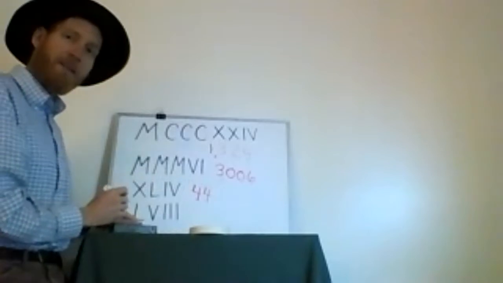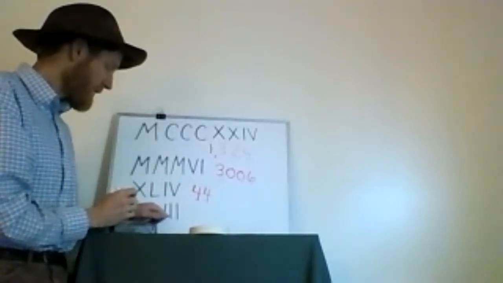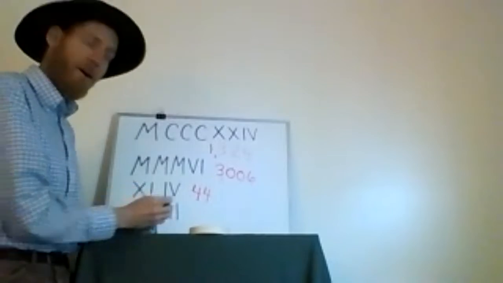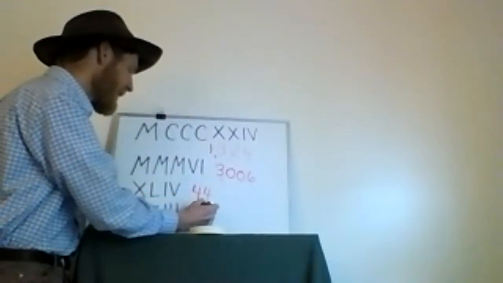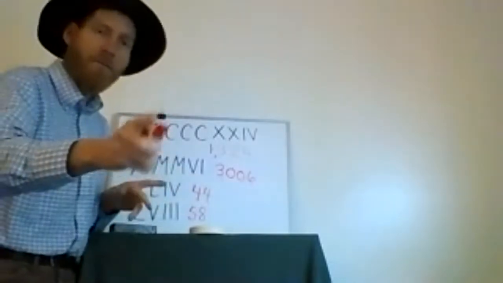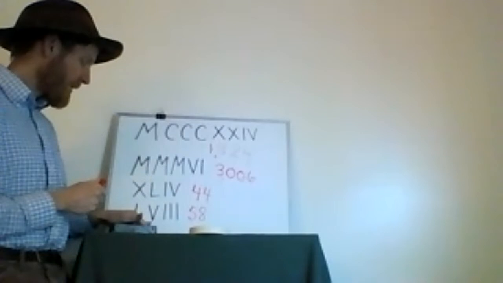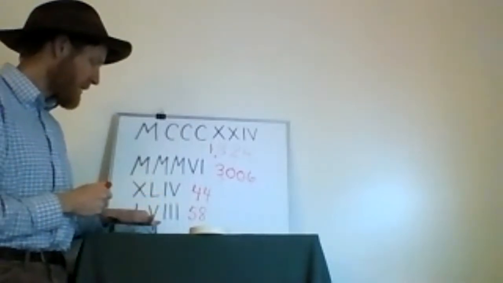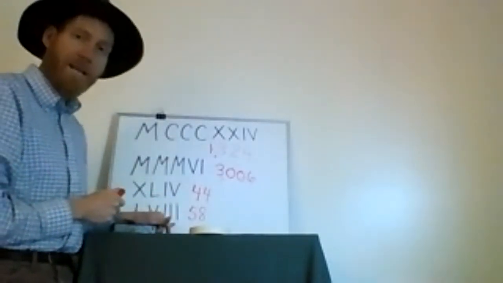L is 50, 5, 56, 57, 58. Who got that one right? 58. Who said 58? You said 58 at home? You are right. We add 5 to our 50. We add 8 to 50 because V and the 3 is 8, right?